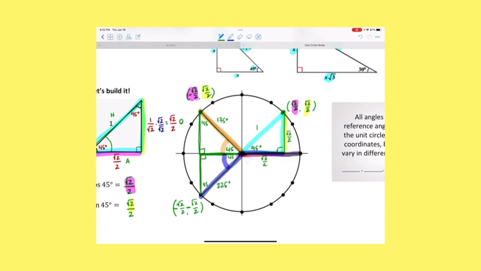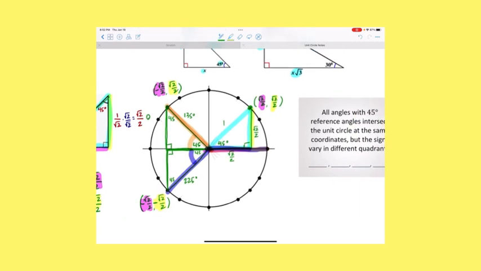So what this is helping us see, again, is the sine and cosine for a 225-degree angle. If I said, what is the cosine for 225? It's negative radical 2 over 2. And in fact, if you put that in your calculator, you're going to get a decimal approximation for negative radical 2 over 2. Or if I said, what is the sine for 225? Here it is, negative radical 2 over 2.